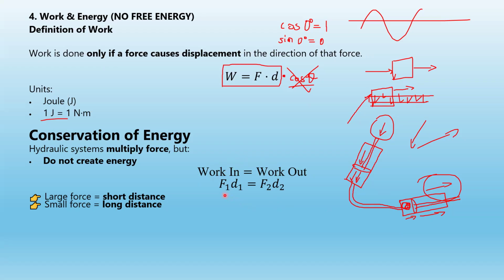All right, so whatever work you do here is going to reflect on the work being done there. So we have work equals force times distance. If we have force applied to that cylinder, it will be force 1, distance 1 here, and it's going to equal the same thing on the other side. But if one of the numbers changes, then something else has to change also, in order to keep the equality sign.